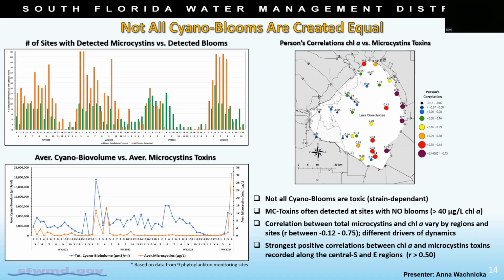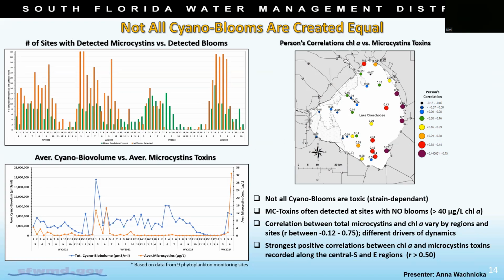You can have concentrations below 40 micrograms per liter, but still there will be Microcystis aeruginosa producing toxins. So it doesn't matter whether the concentration is high or not. If there are toxic strains in the water, you will find the toxins, whether you have the bloom or you don't have the bloom.